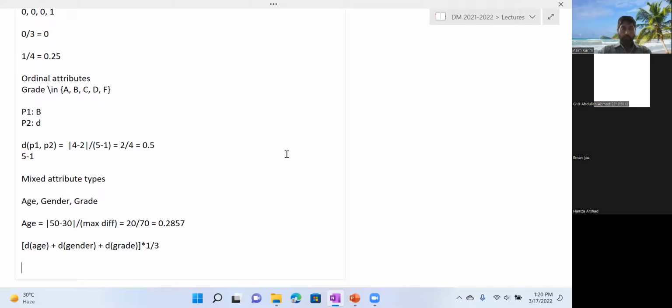So that was, I think, all for the similarities. Of course, for some other domains, if your objects are described as documents, or some more complex types like graphs, then you will have to have the appropriate similarity function. And once you have that similarity function, you can go ahead and apply clustering algorithms.